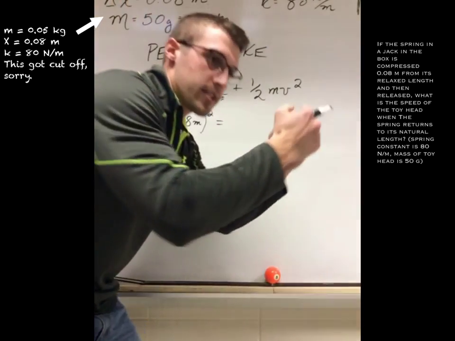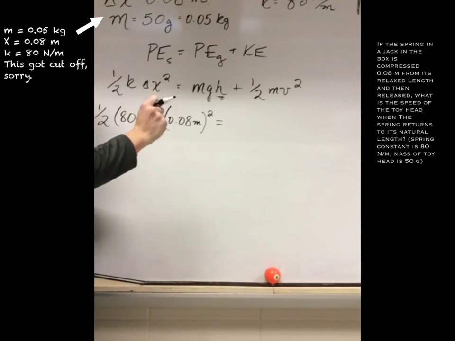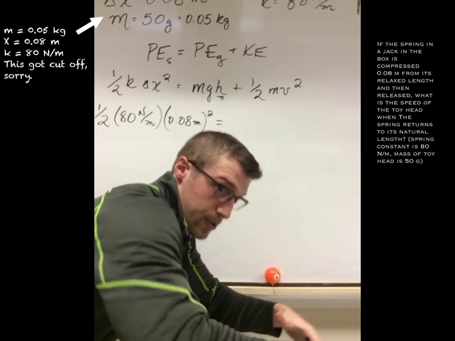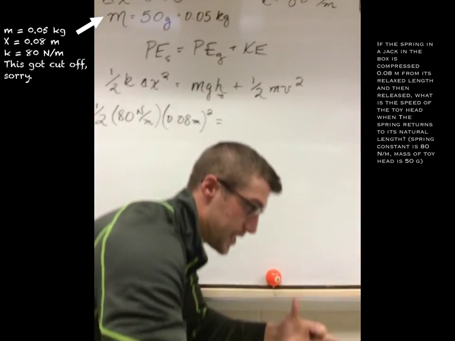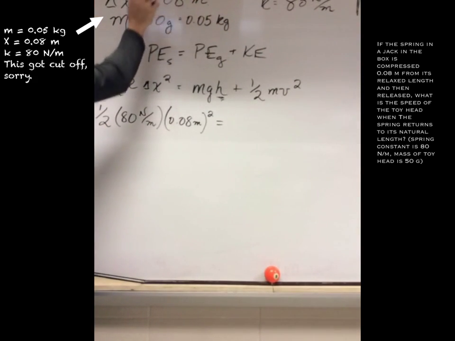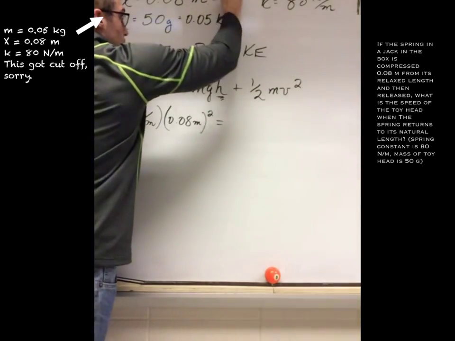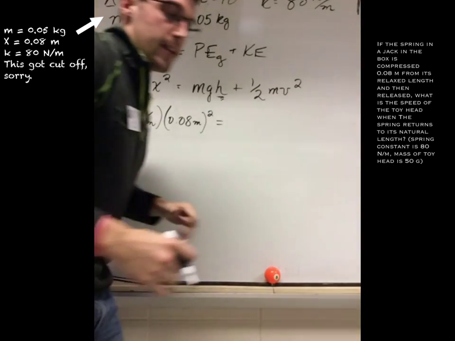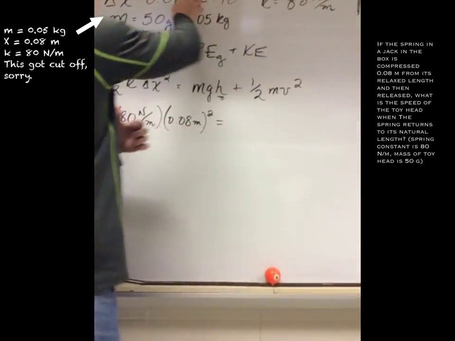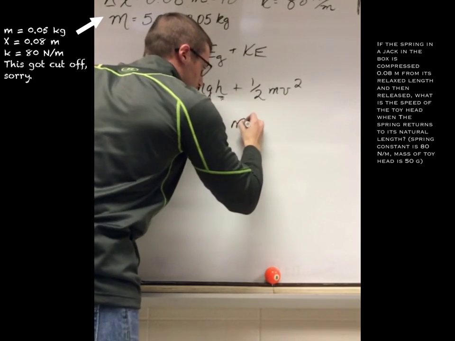Well, that jack-in-the-box guy was compressed down some distance, 0.08 meters, but then he was released, and he actually gained that change back. So we consider this 0.08 meters our change in x, but also our height. In reference to his compressed position, he gains this height back, so he has that gravitational potential from that height.